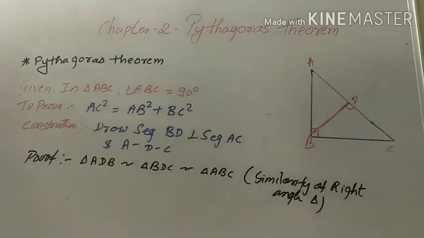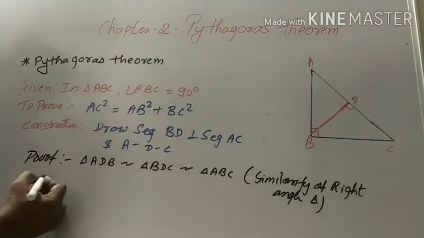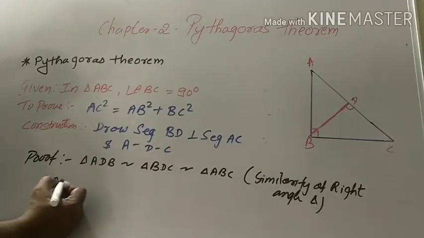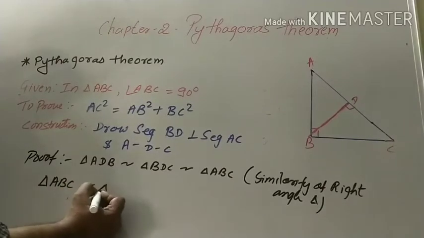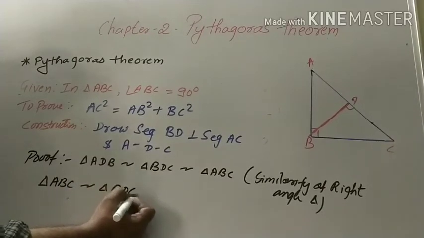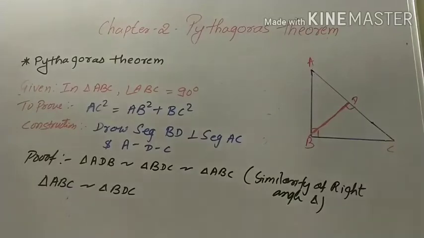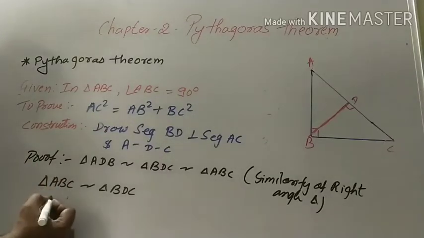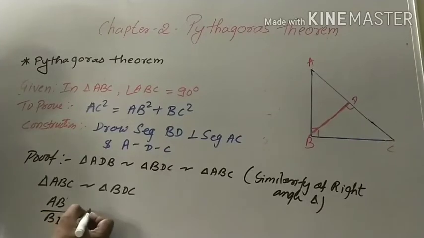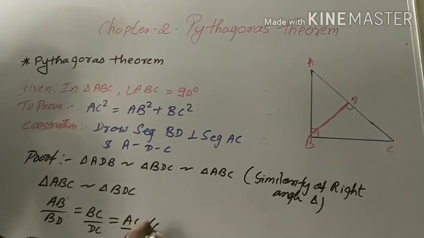We first take triangle ABC similar triangle BDC. So AB upon BD is equal to BC upon DC is equal to AC upon BC, corresponding sides of similar triangles.